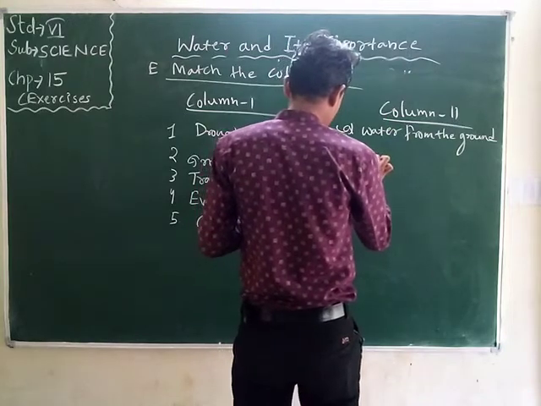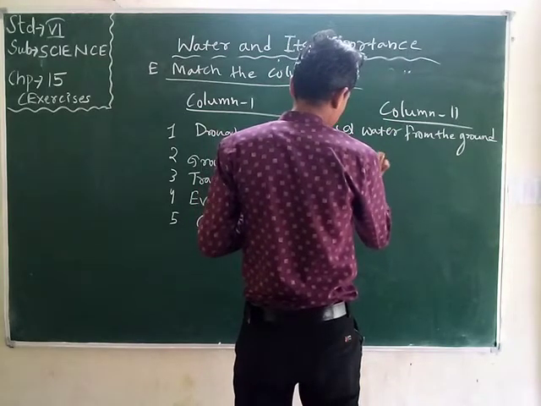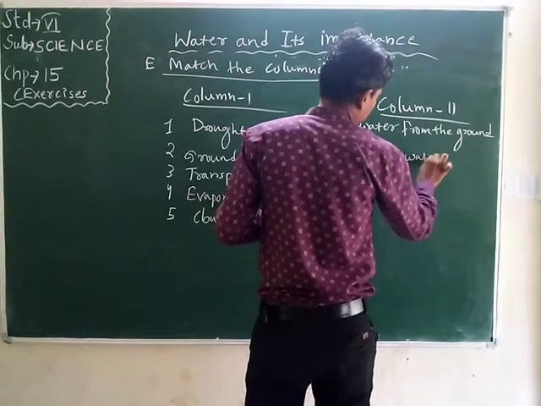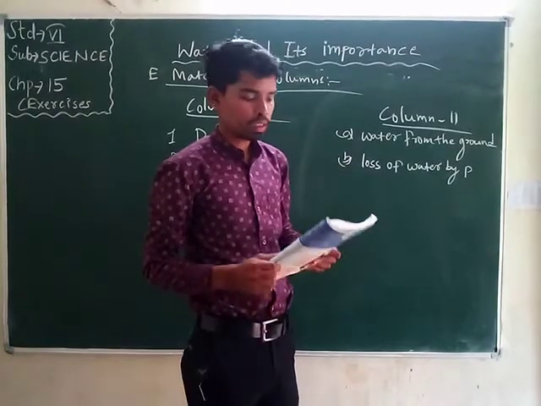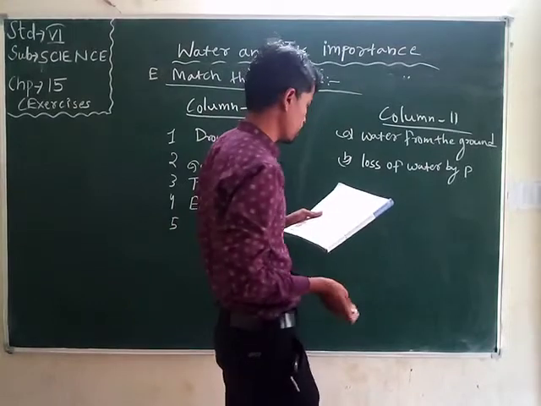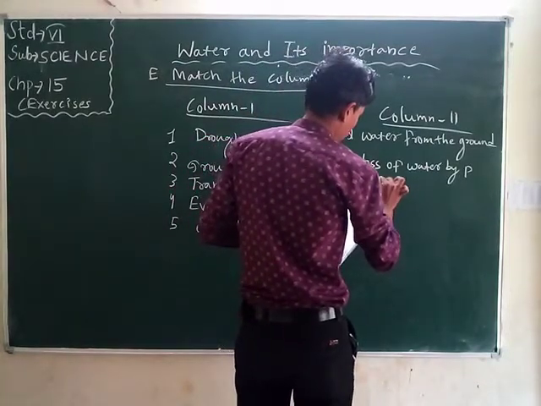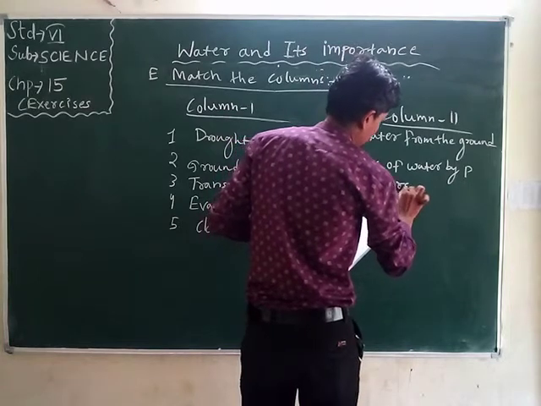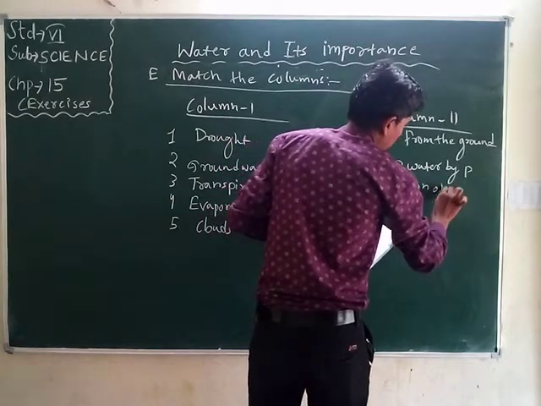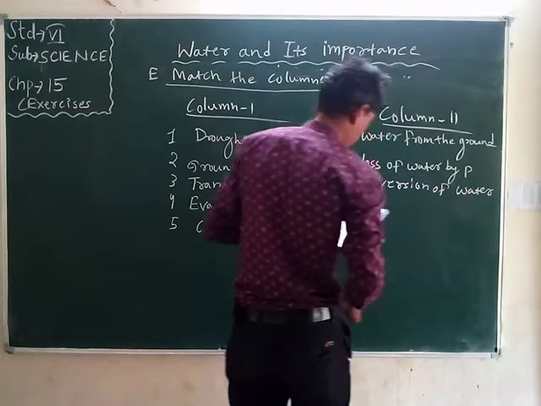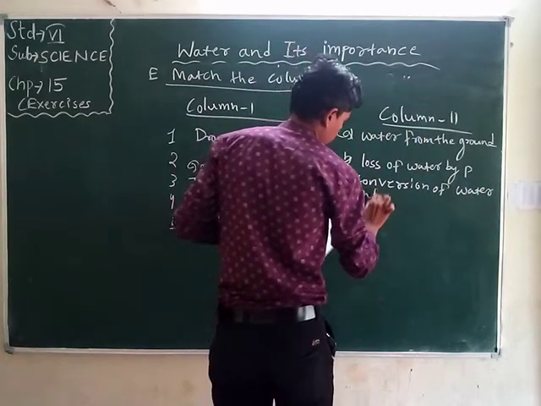B, loss of water by plants. Okay, student, B. Then C, conversion of water into vapor.